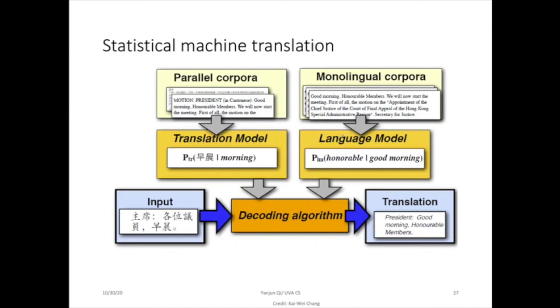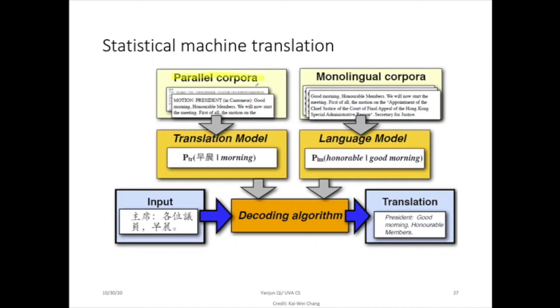So far, more dominating is statistical machine translation, using something called a parallel corpus. You have a parallel corpus, maybe in this case Chinese versus English, or English and German, English and French, and all those pairs.